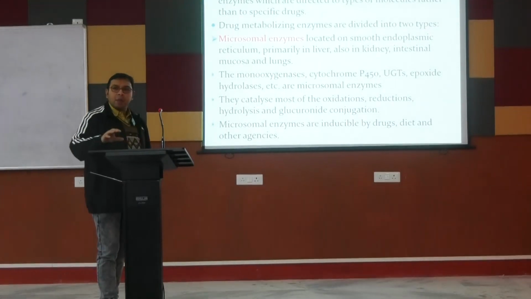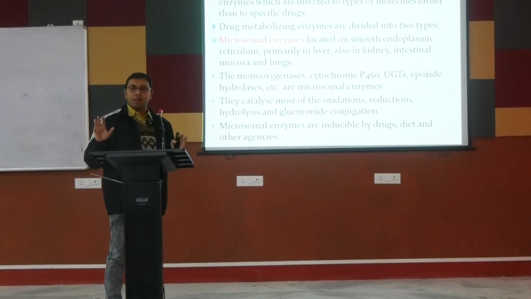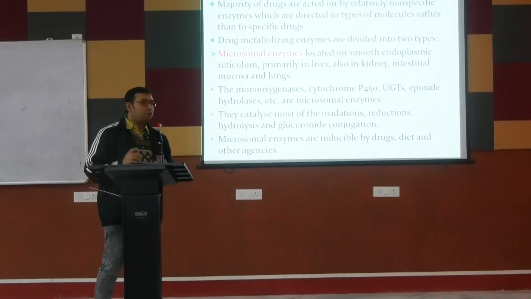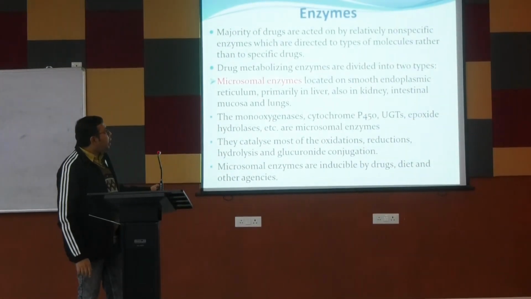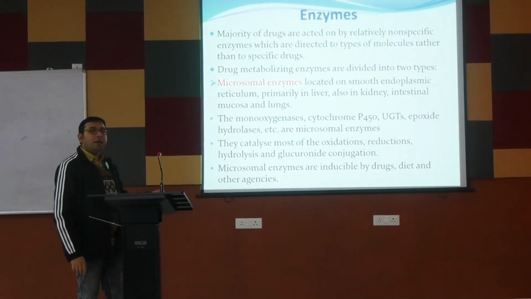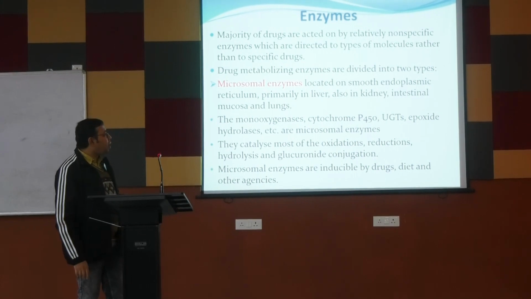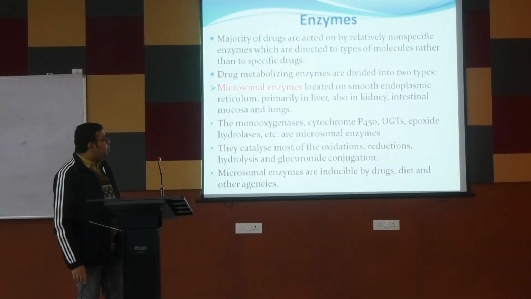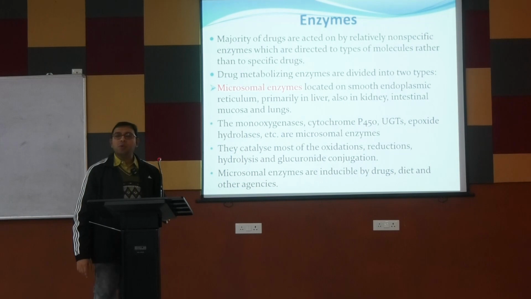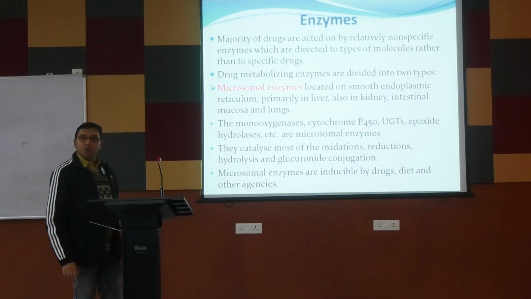So now we are classifying these enzymes irrespective of the phases, whether it is phase 1 or phase 2. For example, you can see microsomal enzymes can be instrumental in both phase 1 and phase 2. In phase 1, they can carry out oxidation, reduction, hydrolysis. In phase 2, they can carry out glucuronide conjugation. The most important is the UGTs.